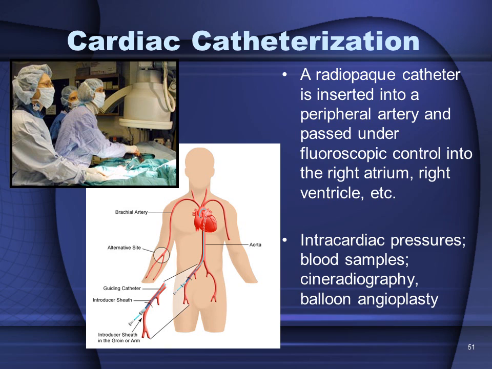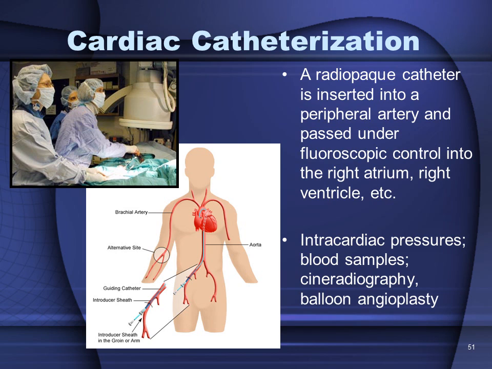In the procedure known as cardiac catheterization, fluoroscopy is used to visualize the insertion of a catheter into an artery, usually into the femoral artery, up through the common iliacs and the descending aorta, through the aortic arch, and into the coronary vessels.